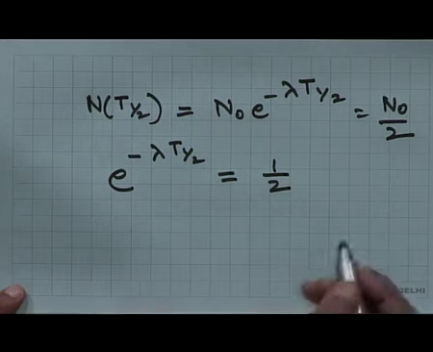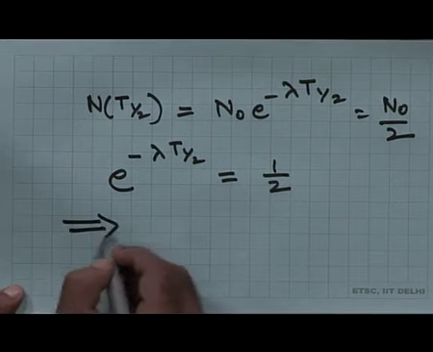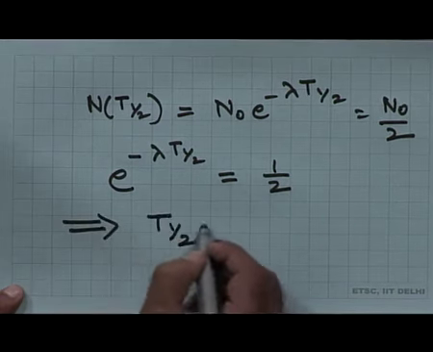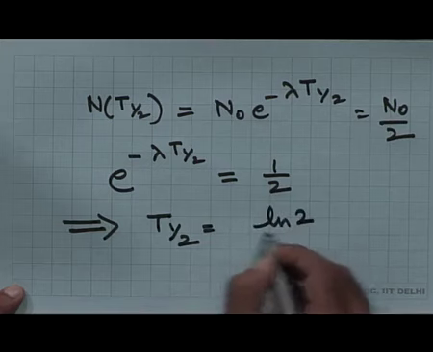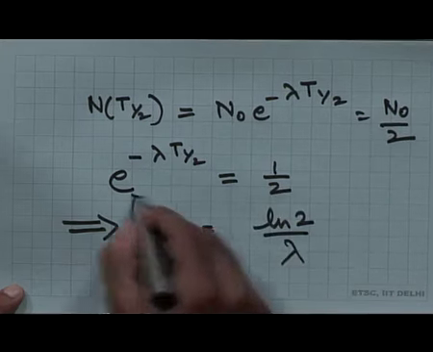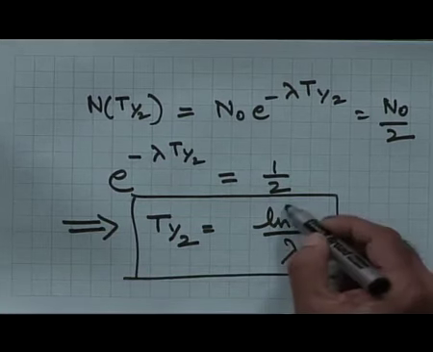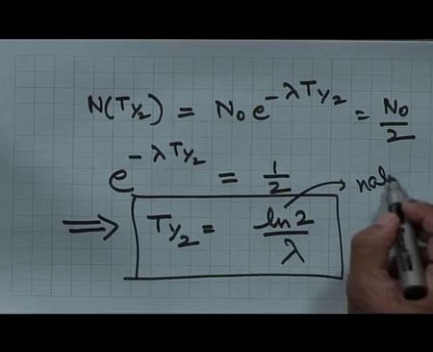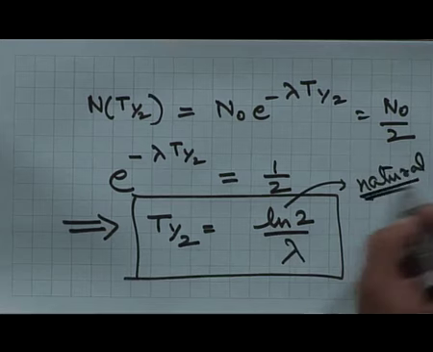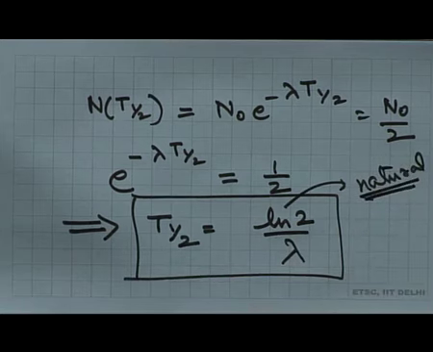I will leave it as an exercise. Therefore, t half is nothing but log 2 by lambda. One minor point to which you should pay attention is that this is the natural logarithm, and we are not writing the common logarithm. Anyway, its value is known, 0.693.